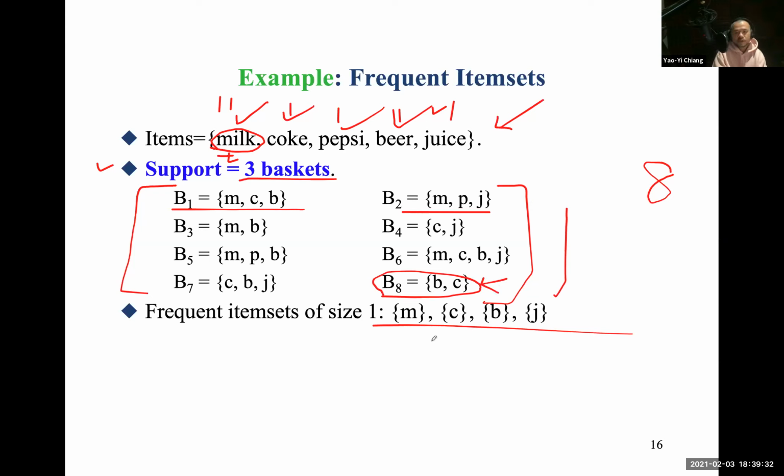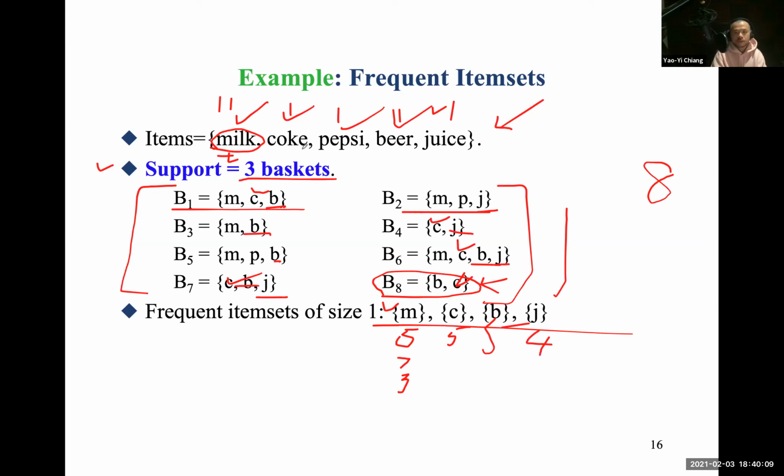Based on this, what is the count for M? 1, 2, 3, 4, 5. 5 is greater than 3, so it's frequent. What's the support for C? Five. B: 1, 2, 3, 4, 5. J: 1, 2, 3, 4.